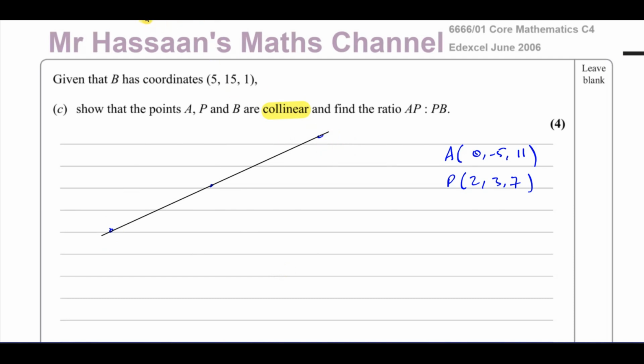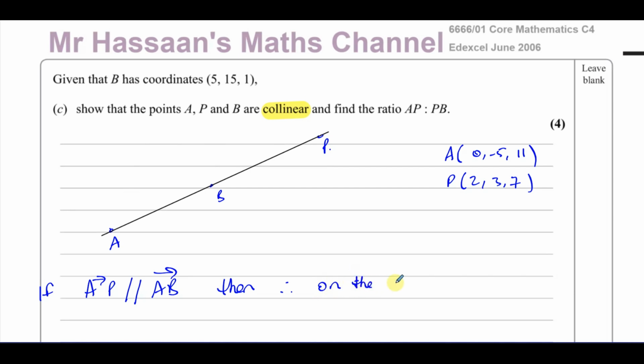So supposing this was A, supposing this is B, and supposing this is P. If A to P is parallel to A to B, if that's true, then we can say that they are in the same direction and therefore on the same line.